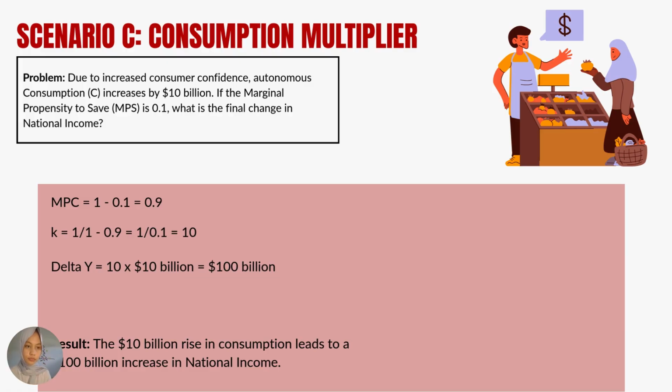So delta Y equals 10 times $10 billion, equals $100 billion. So the result is the $10 billion rise in consumption leads to a $100 billion increase in national income.